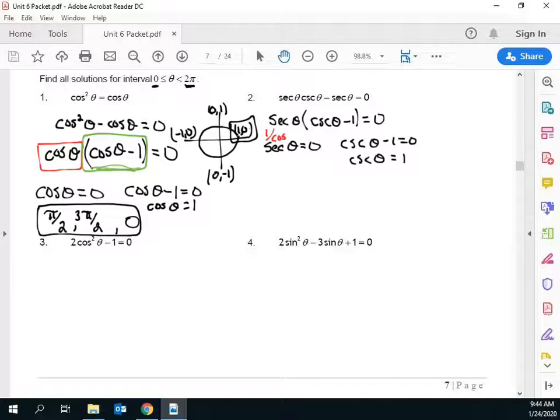Secant is 1 over cosine. So we have to flip this. So what ends up happening is secant is equal to 0. Okay? So we end up having something like, where is secant equal to 0? Try and get a different color. And so we have to flip this, all right? And so we have this little 0 over 1. We flip it, and then what happens?